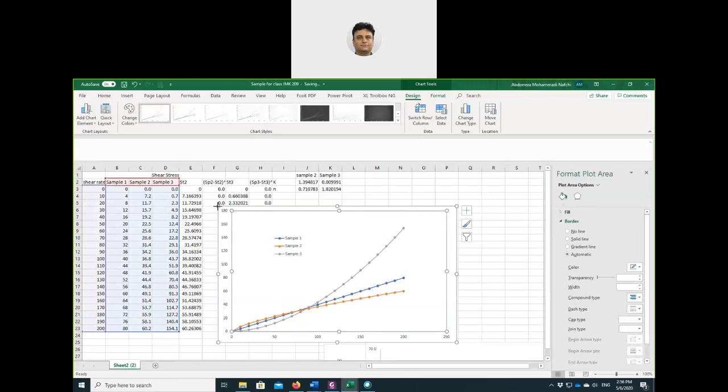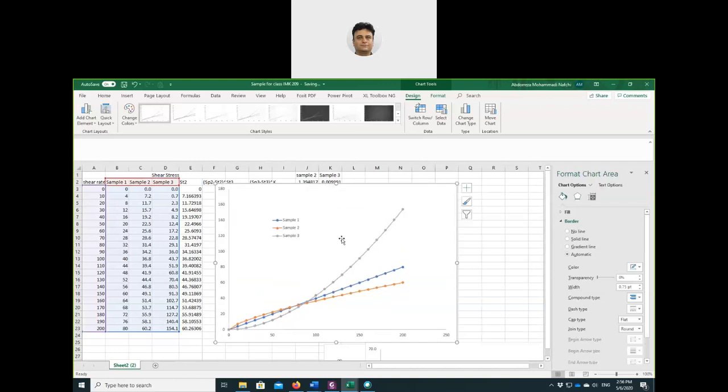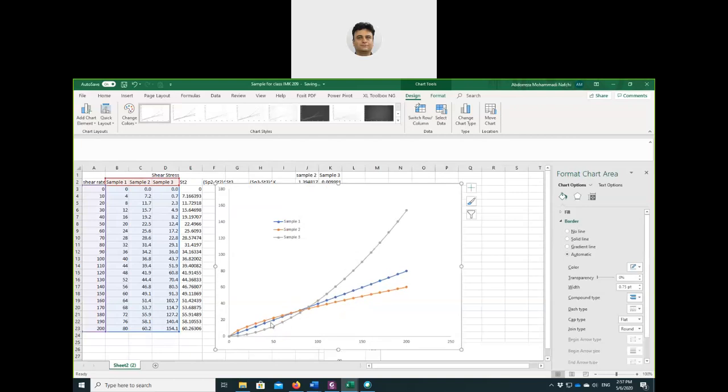If I want to compare the viscosity of these three materials, it depends. Around maybe 90, between 80 to 90, all of these three at the same shear rate have exactly the same shear stress.